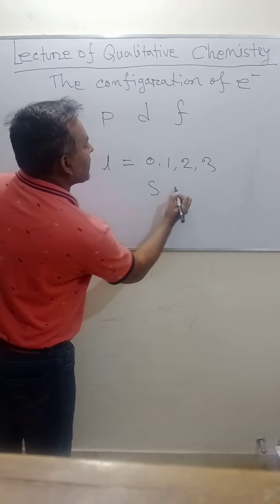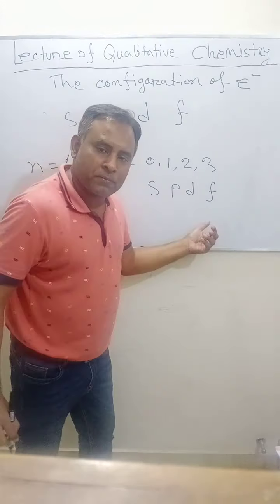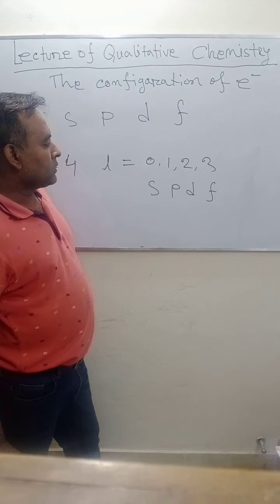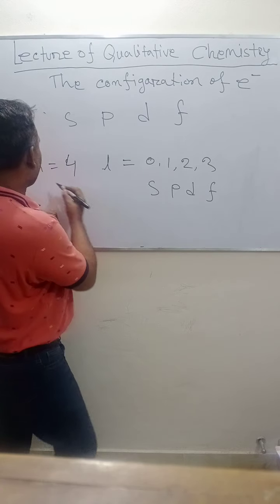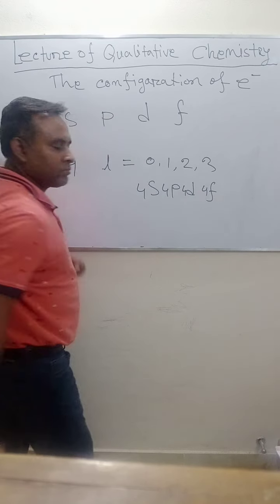That means the S, P, D, F subshells. So this is the fourth shell, that means 4S, 4P, 4D, 4F.